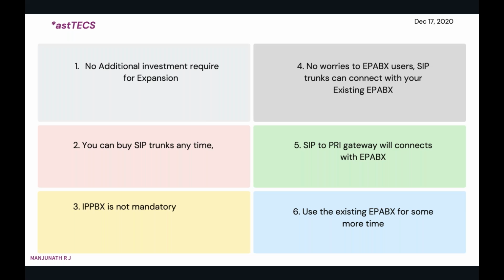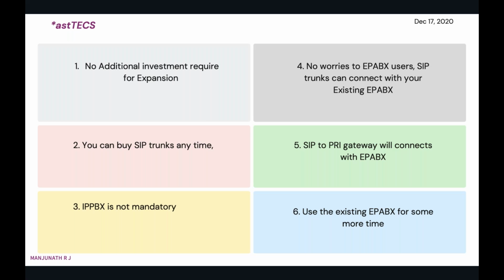I mean to say, no initial investment is really required. If you have an older PBX or EPABX that relies on PRI standards, just a simple SIP gateway could buy you some more time to use your older EPABX.